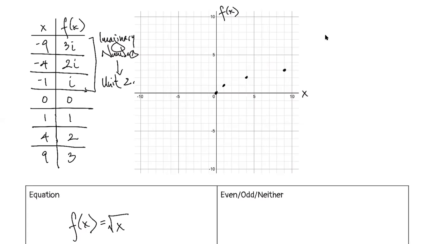All right, so if I connect the points that I have, this is what our square root function looks like, okay? So it's like a sideways parabola, but it's only the top half.